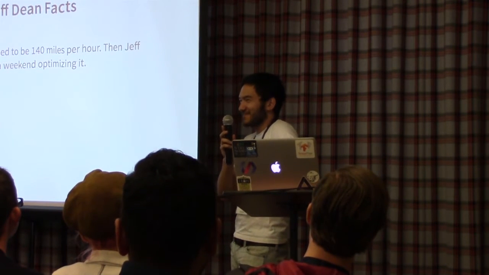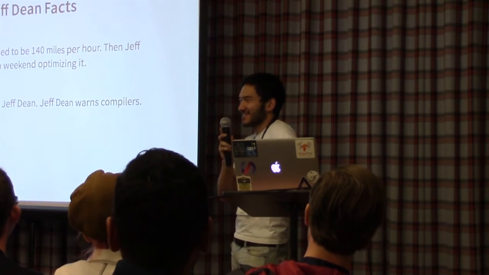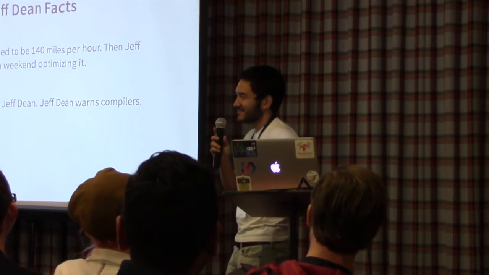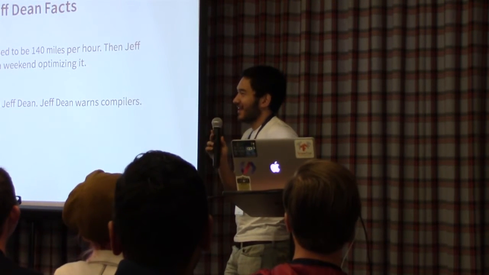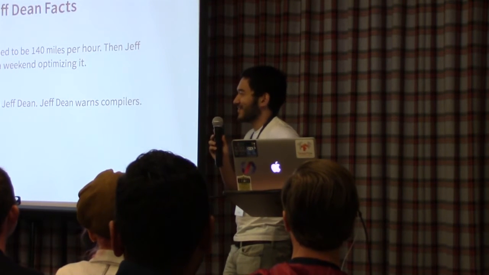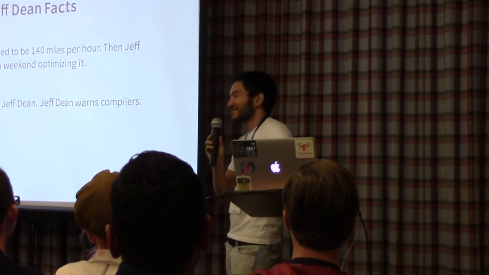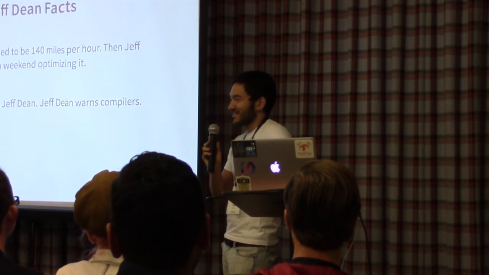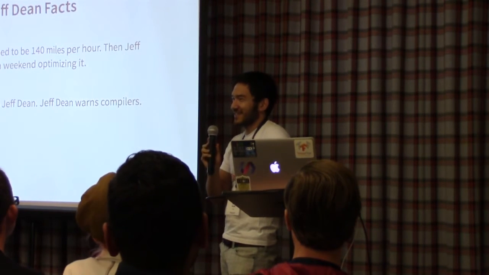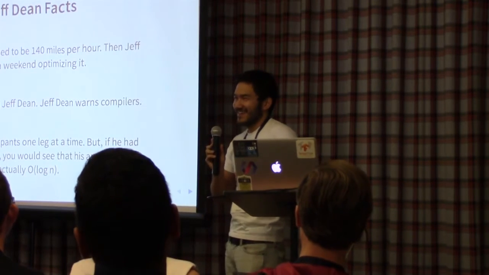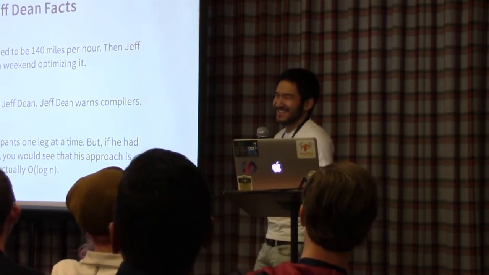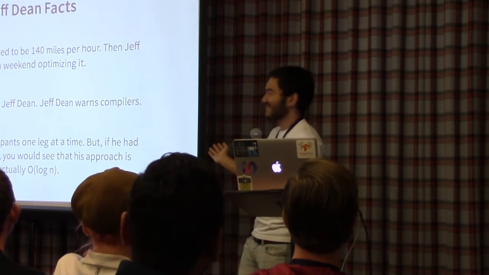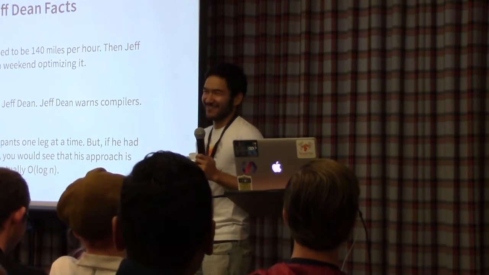Compilers don't warn Jeff Dean, Jeff Dean warns compilers. And my personal favorite, Jeff Dean puts on his pants one leg at a time, but if he had a larger number of legs, you would realize his approach actually scales as O of log n. I really appreciate any crowd where I can make asymptotic runtime jokes.